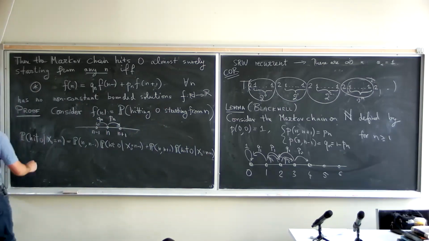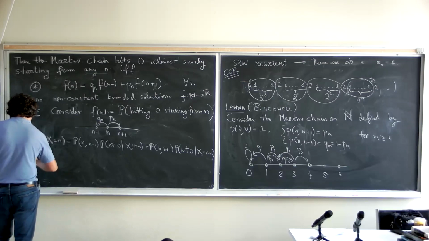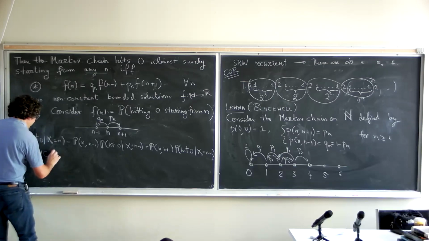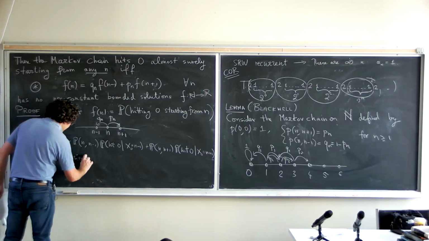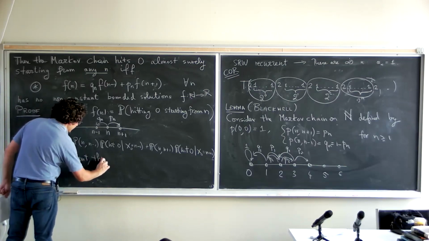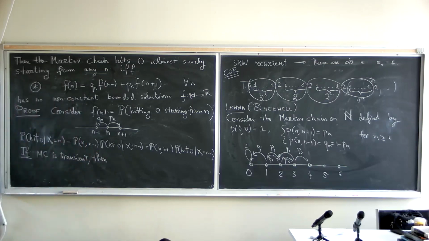So clearly, if the Markov chain is transient, then what do we know about f? Is it constant? It cannot be constant.